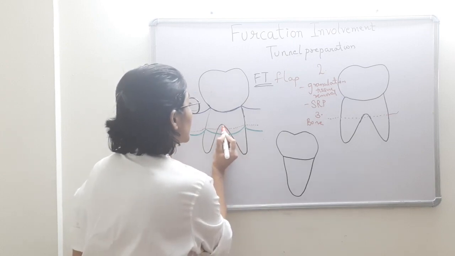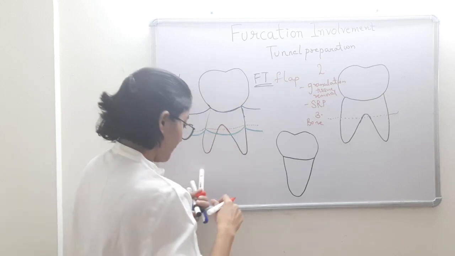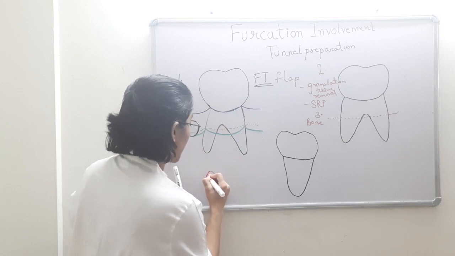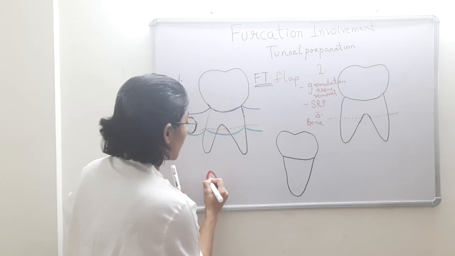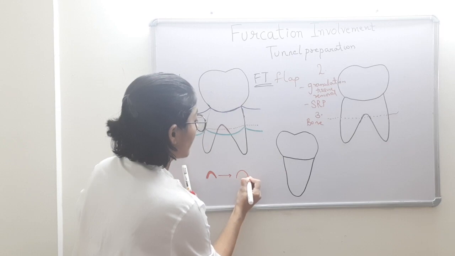This entire interradicular bone which is possibly present is also removed, so that I'll just show here. This furcation entrance, which has this interradicular bone in this fashion, is now converted into a wider one.